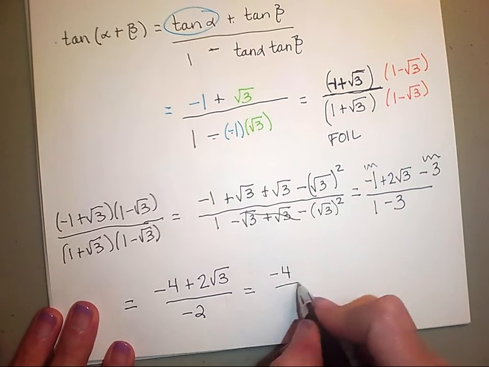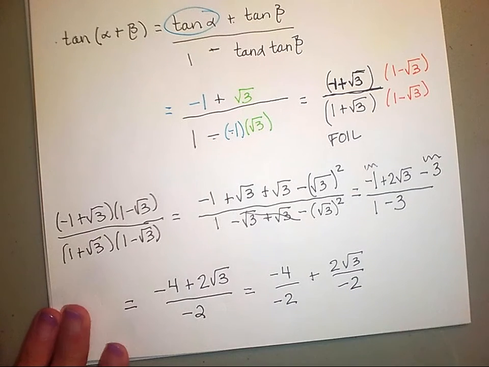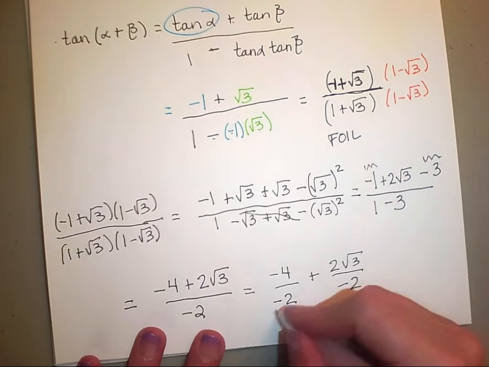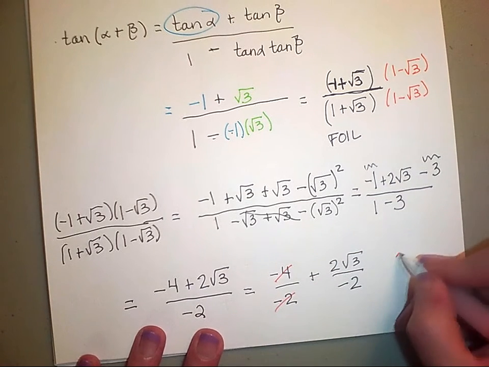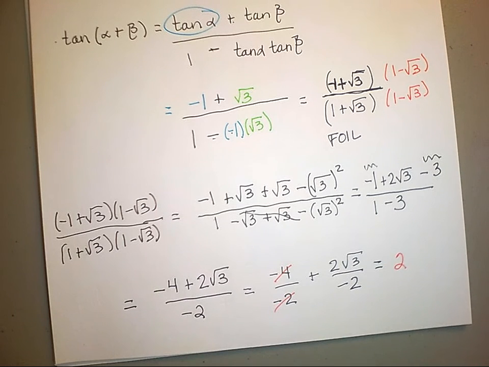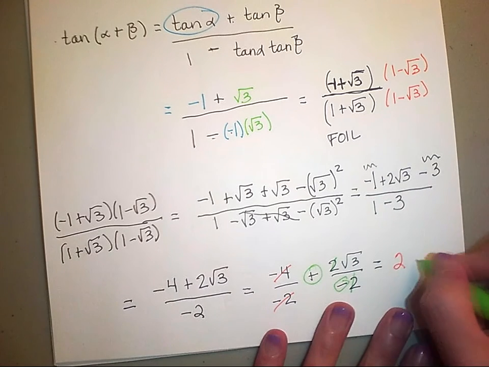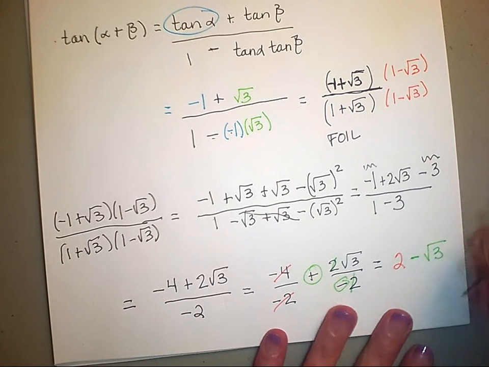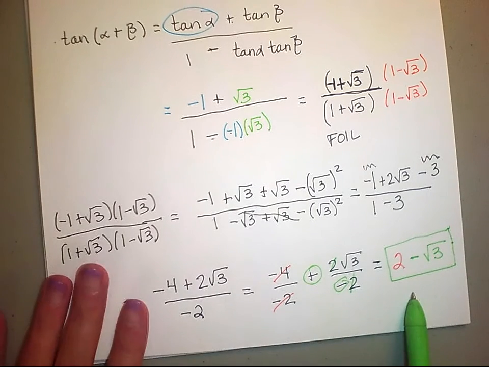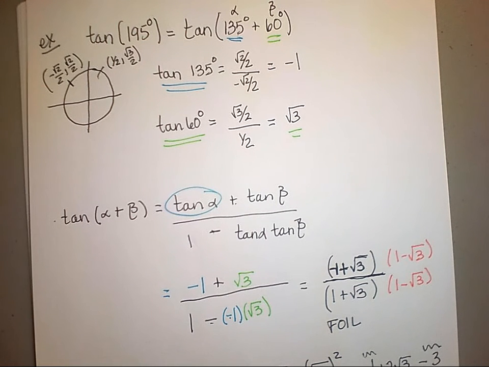So let's simplify this. This is negative 4 divided by negative 2 plus 2 roots of 3 divided by negative 2. Negative 2 goes into negative 4 a positive 2 times. And here we have to be a little bit more careful. 2 goes into 2 one time, but the negative and the positive become minus. And then we'll carry the square root of 3. So this, as an exact value, is the tangent of 195 degrees.